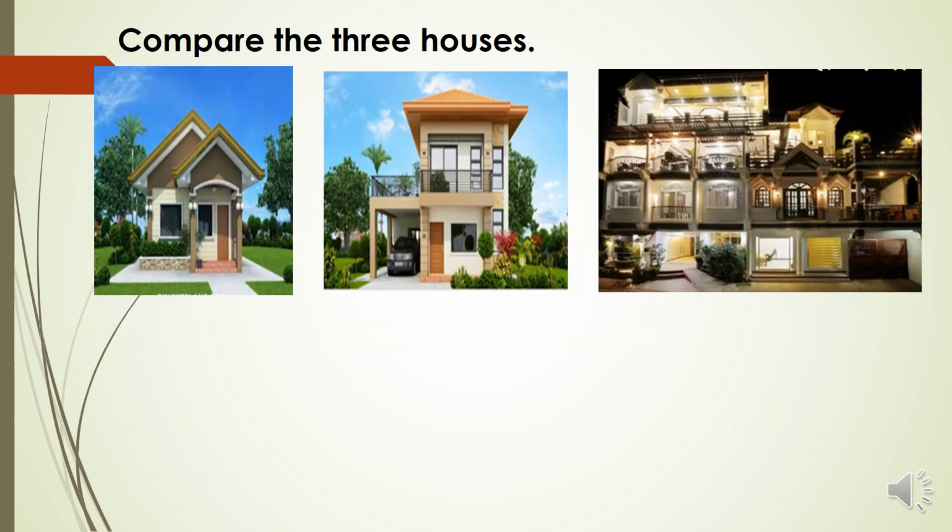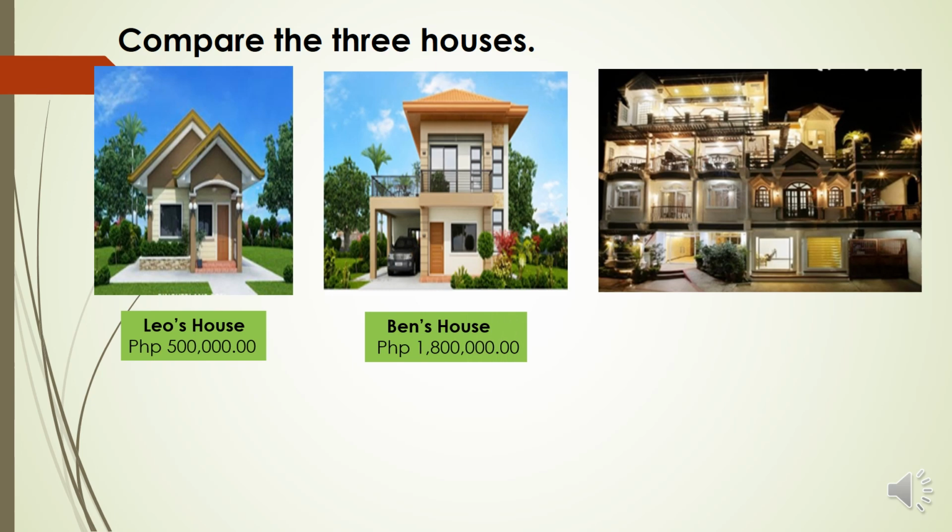Now, let us compare again the three houses based on their cost. Leah's house costs 500,000 pesos. Ben's house costs 1,800,000 pesos. And Jan's house costs 5 million pesos. Let us compare now.